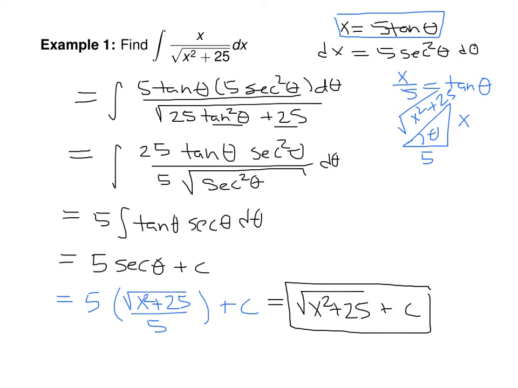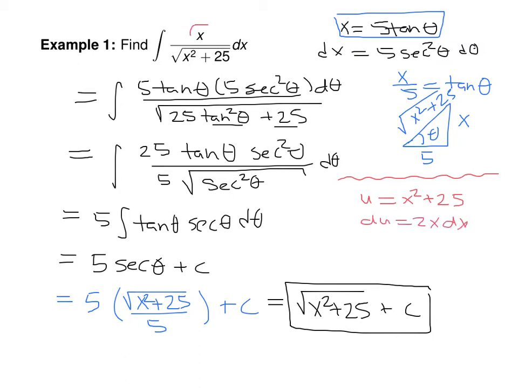Now just a note, that was not the only way to actually integrate this. An easier method, which is actually totally legitimate to use if you come across problems like this on a test or on your homework, is to just do a plain old u substitution and let u equal x squared plus 25. And then du would equal 2x dx.